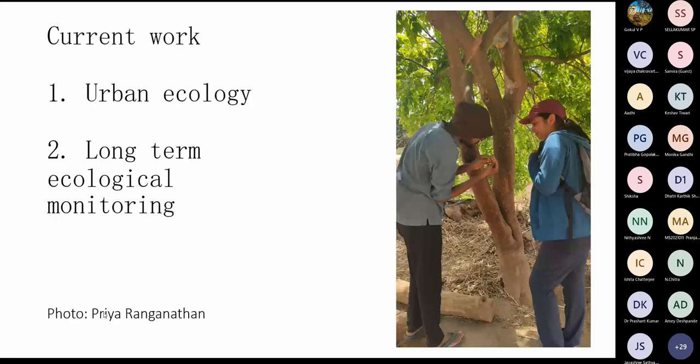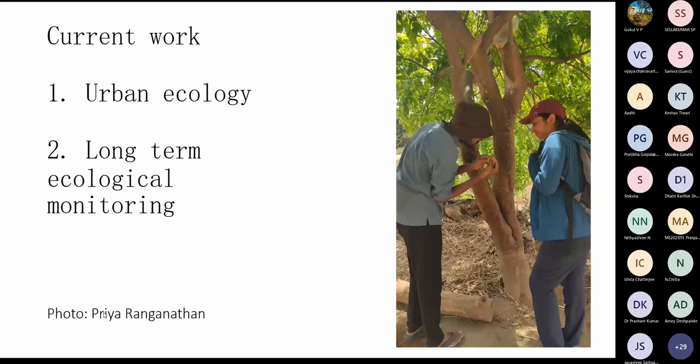My current work involves monitoring of long-term ecological data in Bangalore, and also studying urban ecology in the mega cities in India. This work I'm doing with the Indian Institute for Human Settlements.